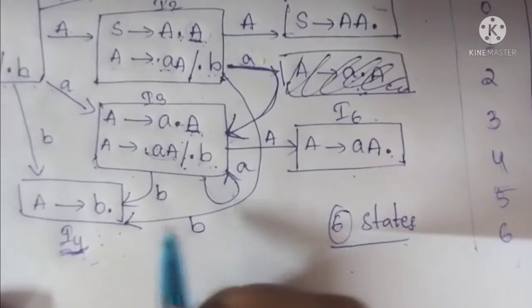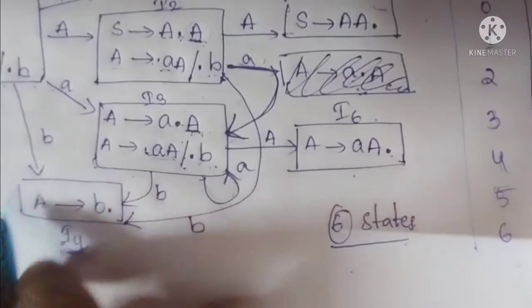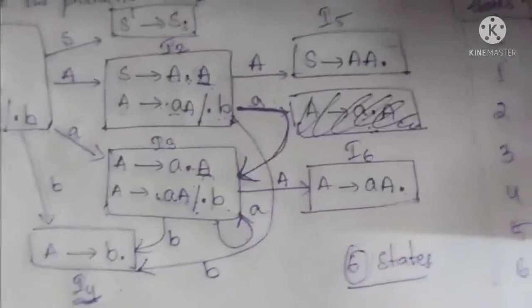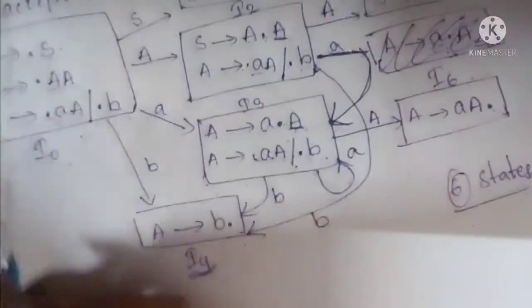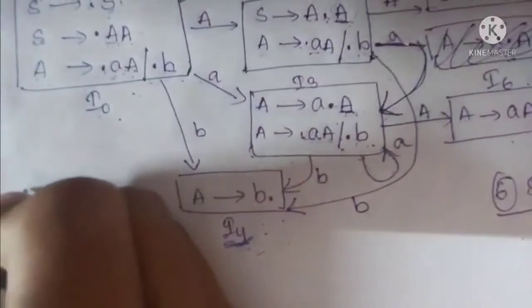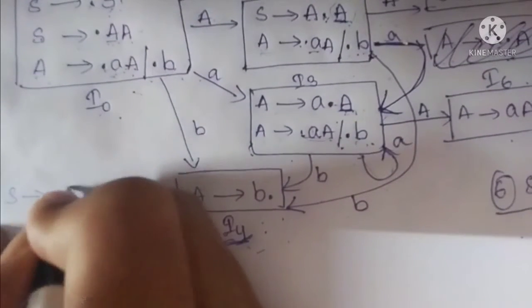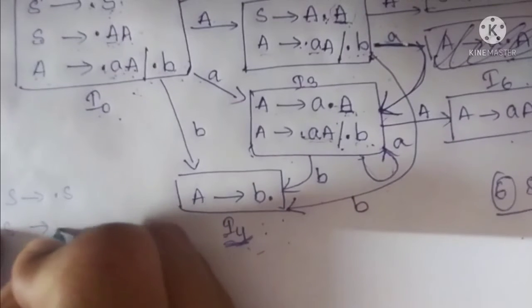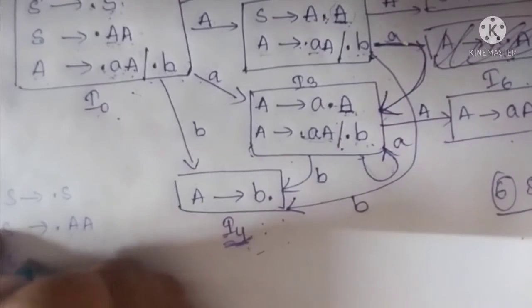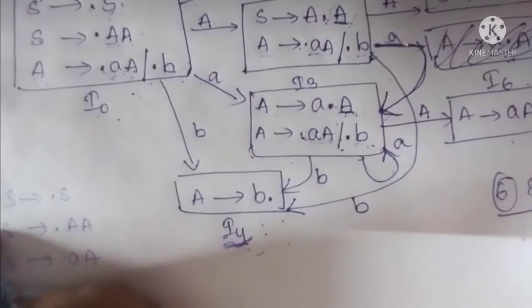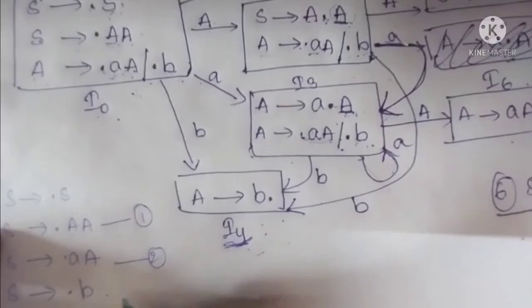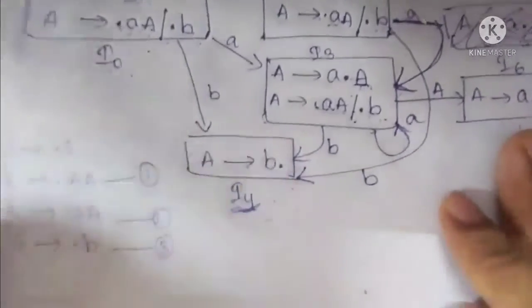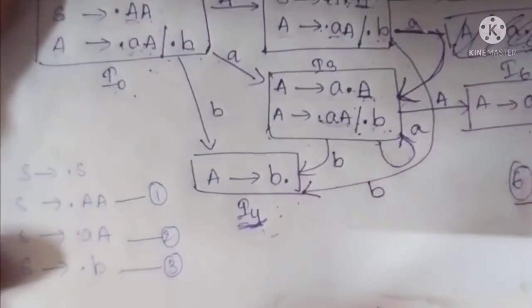So take the productions here. Our productions are: S tends to dot A, S tends to dot A, and S tends to dot B. These are our three productions.